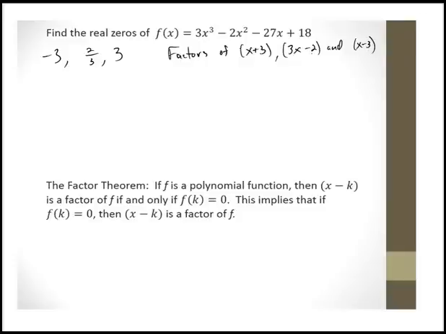Now that 3x minus 2, that one doesn't seem to match very well with the other ones. But notice something here. x plus 3 is the same as x minus negative 3. And x minus 3 is the same as x minus 3.